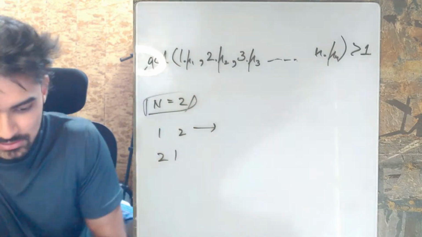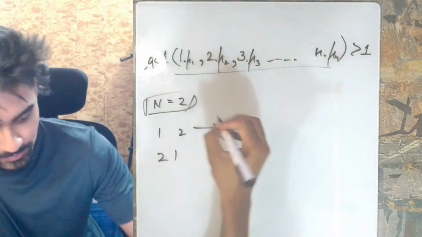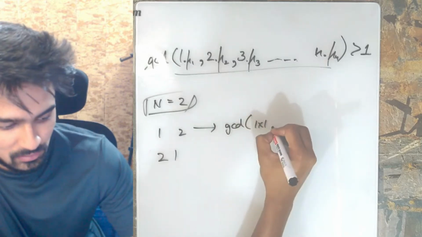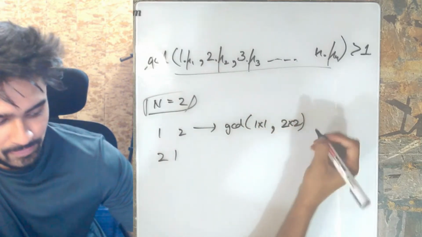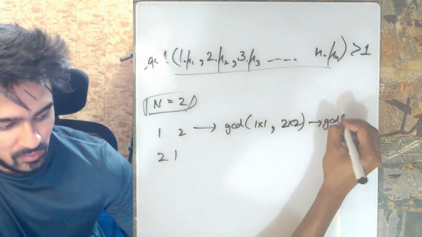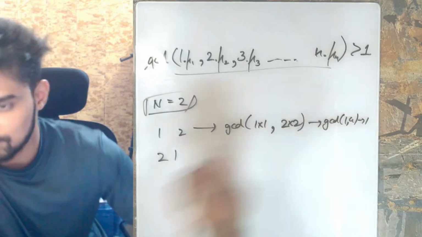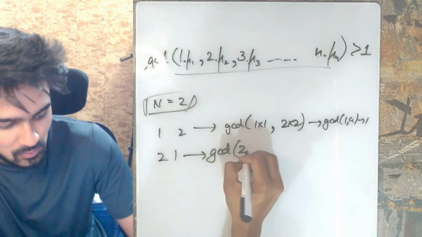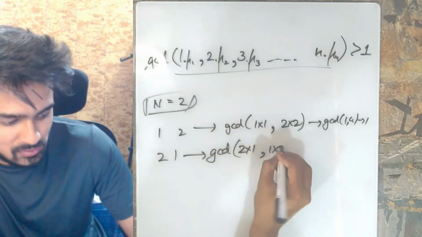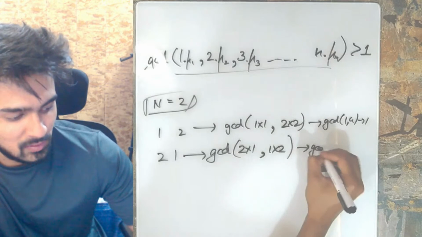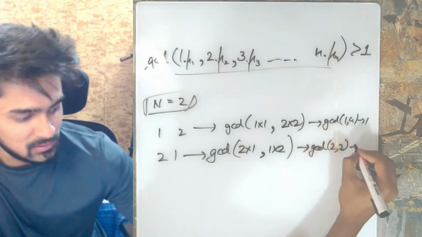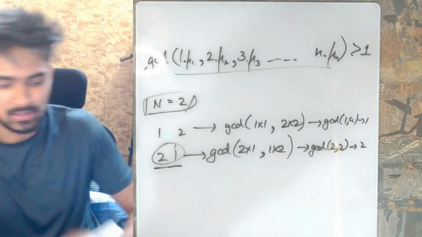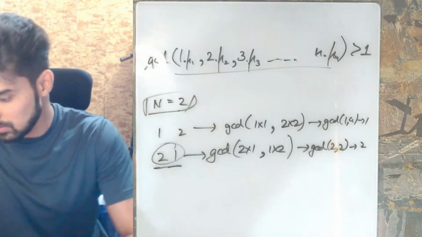For 1 2, the GCD of 1 times 1, comma, 2 times 2, is actually the GCD of 1 comma 4, which is 1. For 2 1, it becomes the GCD of 2 times 1 and 1 times 2, which is the GCD of 2 comma 2, which is 2. Therefore there is one permutation which is beautiful, so the answer for n equal to 2 is 1.